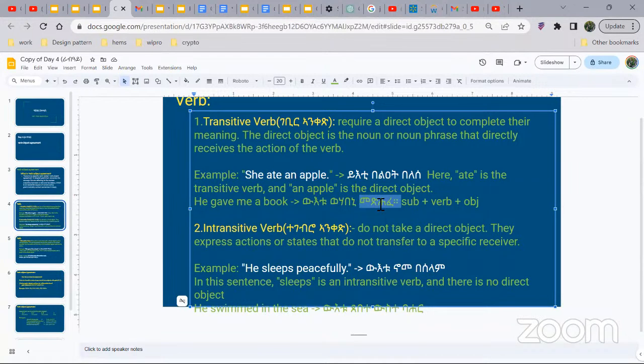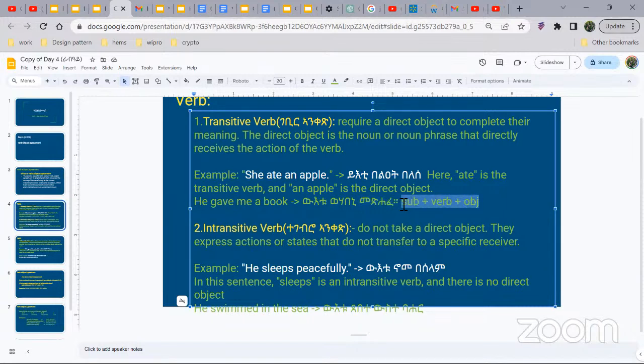Let's take this sentence. In any order, it gives the same meaning. Because as I told you, we do have a way to differentiate an object. That's the advantage. But in English, they don't have a way to differentiate an object.